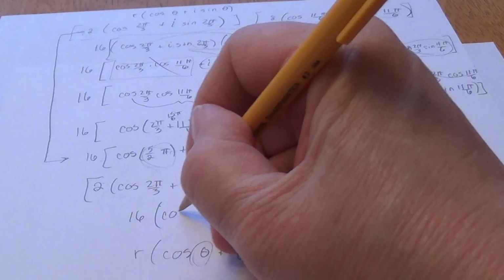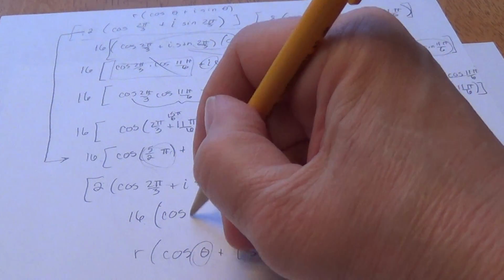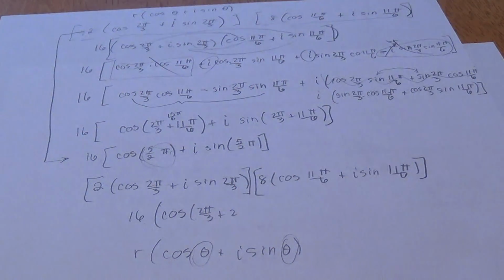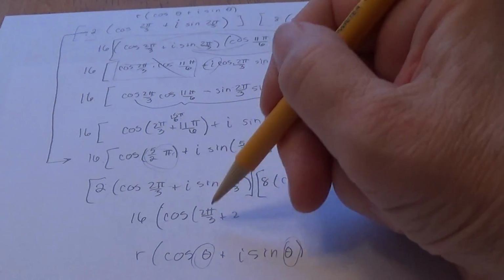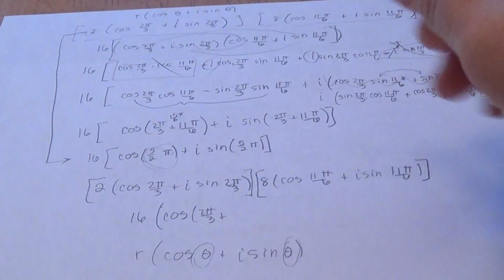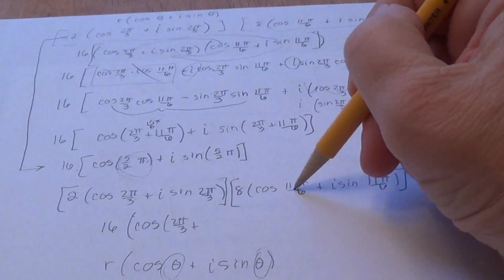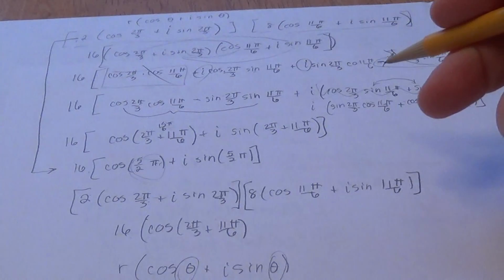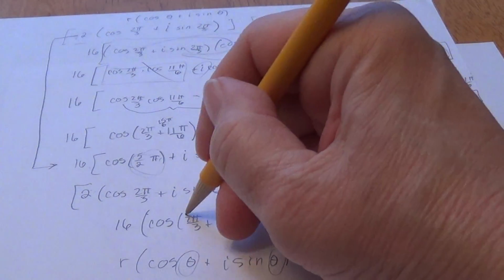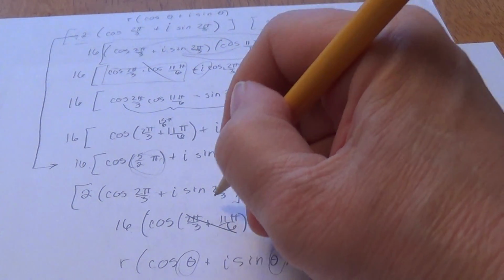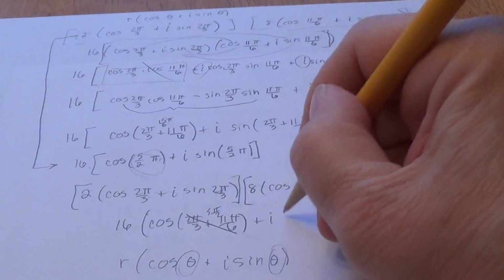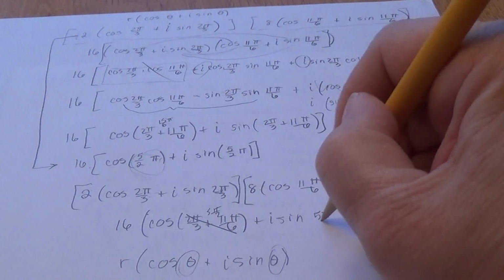So I'm going to do 2 pi over 3 plus, we're going to add this angle, 11 pi over 6. And we have shown in a previous step that does come out to 5 pi over 2. And then this angle is the same.